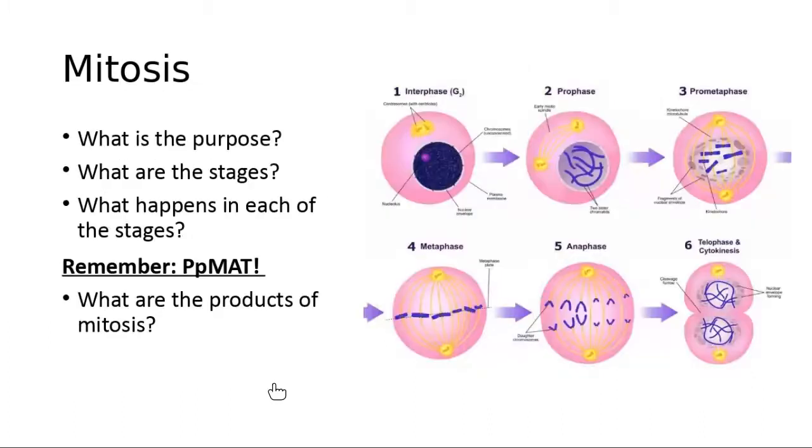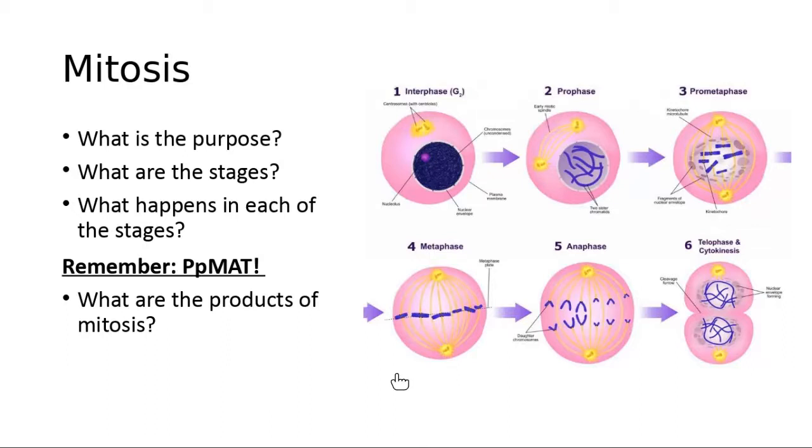So then mitosis, we'll briefly go over this. What is the purpose of mitosis? Growth and repair. Yes, very good. So mitosis is for growth and repair. So like when we cut ourselves or scrape our knee, that's the process that's ultimately going on to repair.